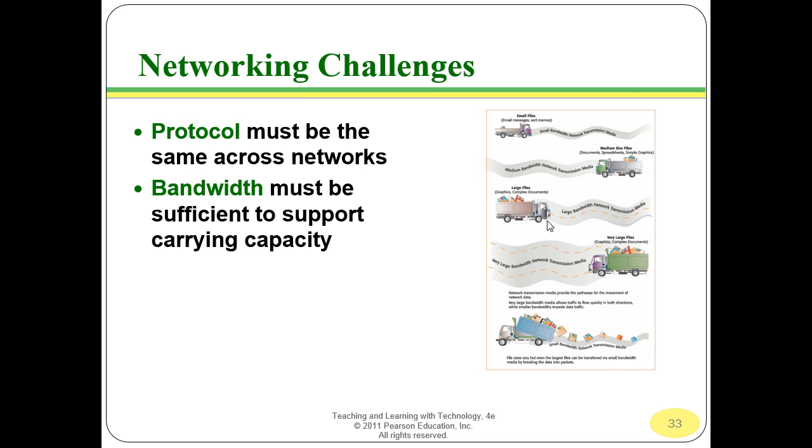Now, another thing we have to worry about is the bandwidth that can support the transfer of that information. The bandwidth will determine how much we can move from computer to computer. And so sometimes when a lot of people are on a network, the network slows down tremendously, and you're waiting and waiting for something to get done, and it doesn't.